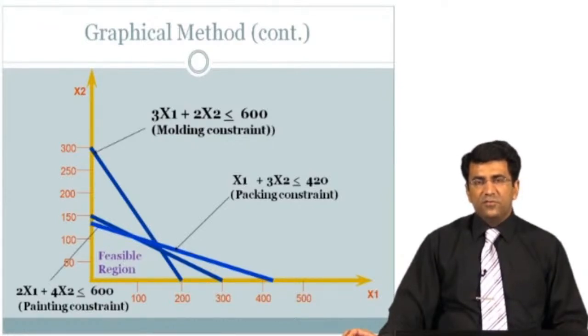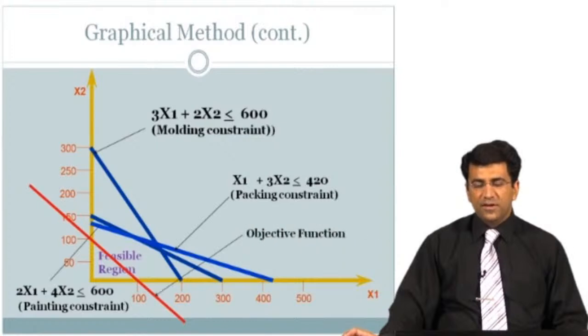Now in the next step we will have to put that profit line which we have just computed on this graph. Now this is the profit line where the x1 and x2 will be equal to 100, which we have just computed. And again class, if we point out the different corner points in this particular graph, these are the four corner points in this particular case.